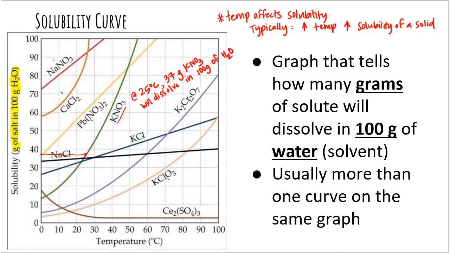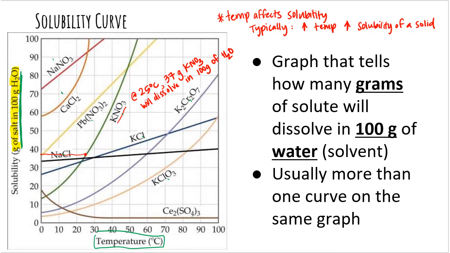And if you notice, this axis is very specific. If you look at our y-axis here, the solubility is in grams of salt in 100 grams of water. So it tells us exactly how many grams of the salt or the ionic compound will dissolve in 100 grams of water at a given temperature.